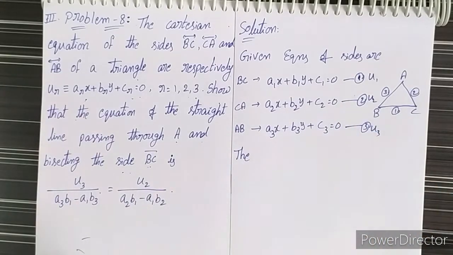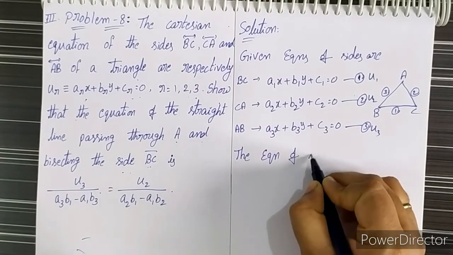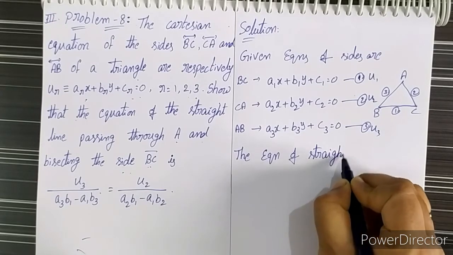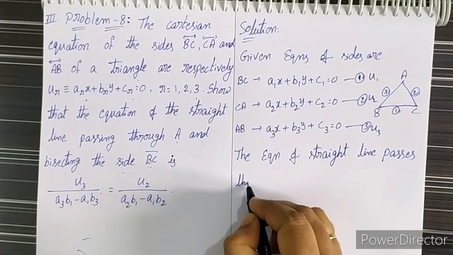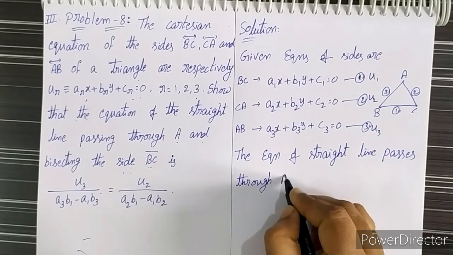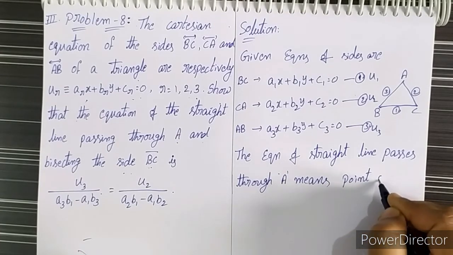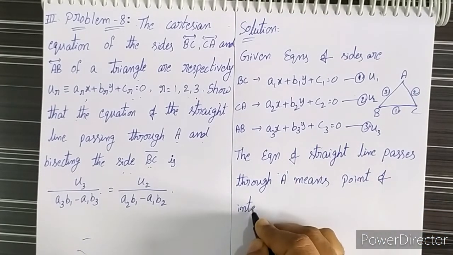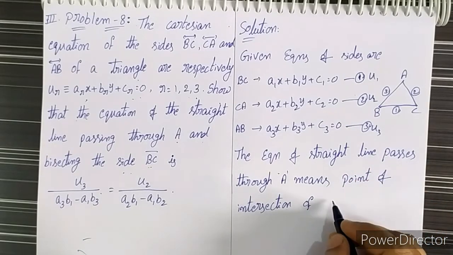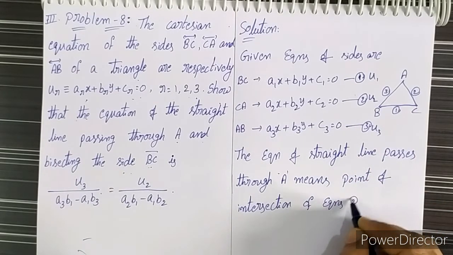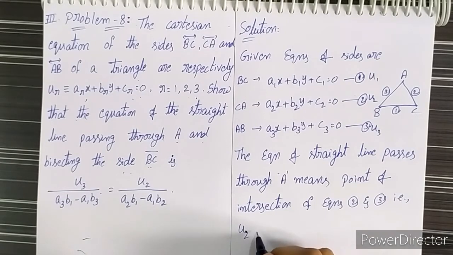Then, in the same method as the previous problem, the equation of the straight line passing through A, meaning the point of intersection of equations 2 and 3, that is U2 and U3.